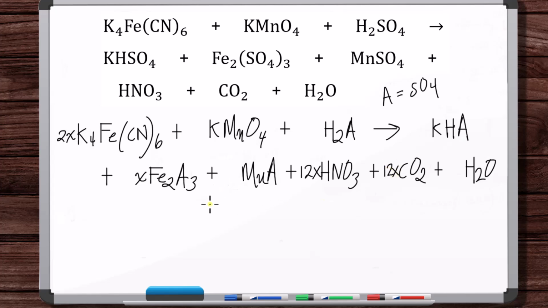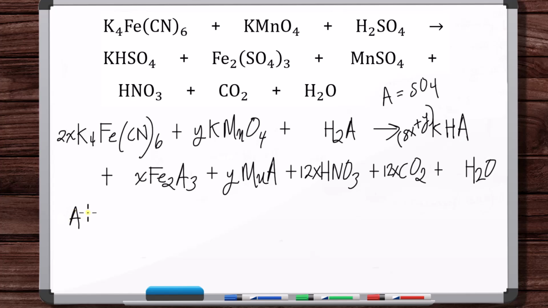Okay. Now you've got manganese alone here and alone here. Same subscript. So these two coefficients are going to have to be the same to balance the manganese. Now, okay, we can see that in order for the potassiums to balance, this is the only potassium on the reactant side. On the product side, there's 8X plus Y potassium. So this is going to have to be 8X plus Y. Okay, now let's see.